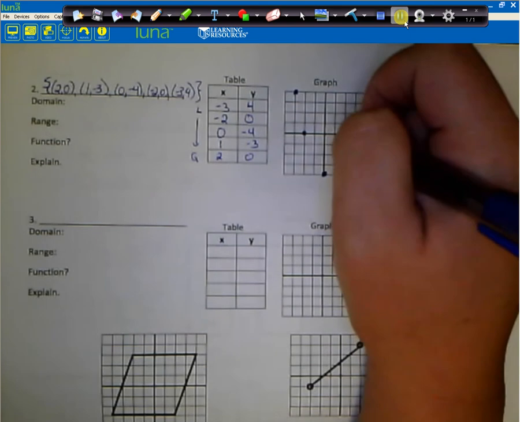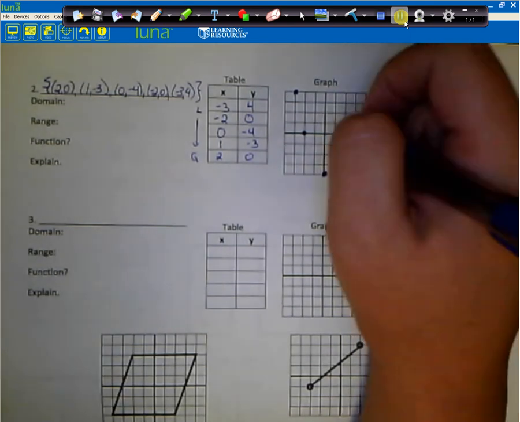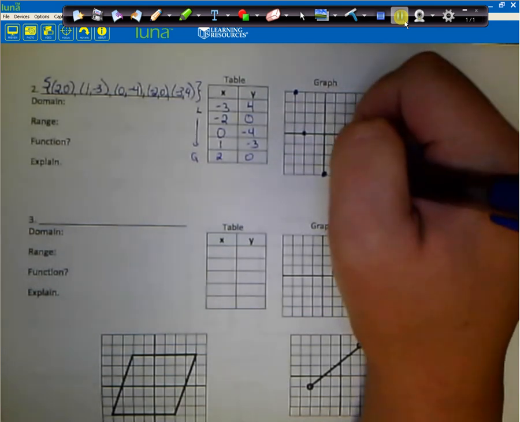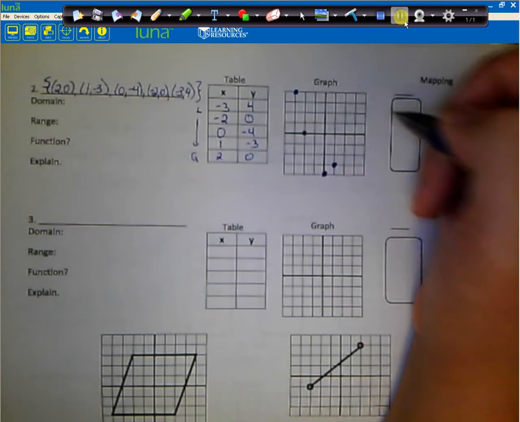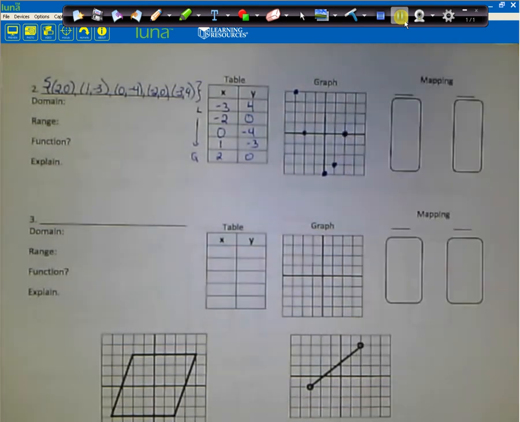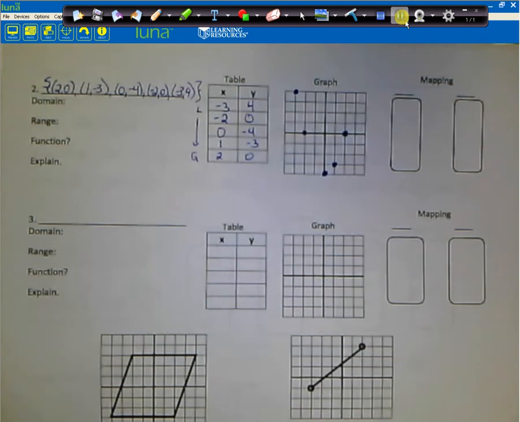Then 1, -3. And then 2, 0. And again, all we're doing here is plotting those points. Please do not connect them with a line or anything. There's nothing there telling us that it's a line, so they are just points.